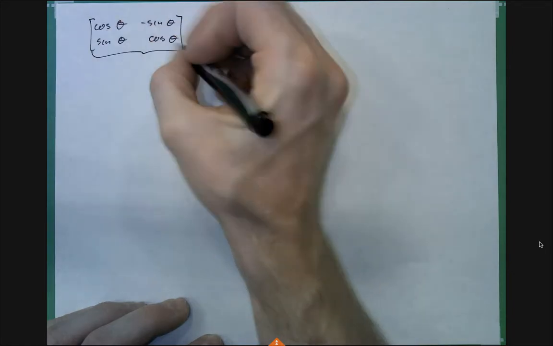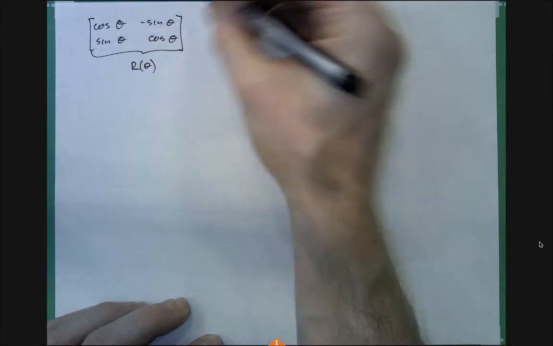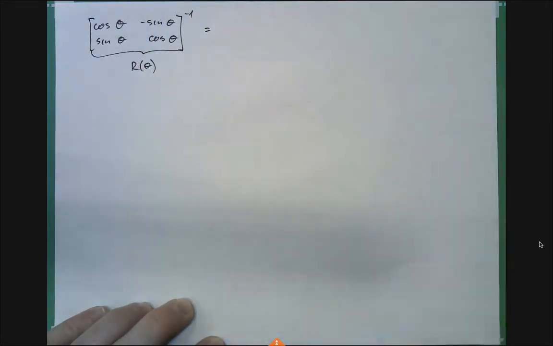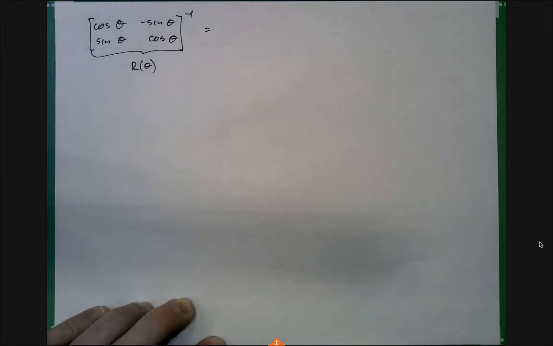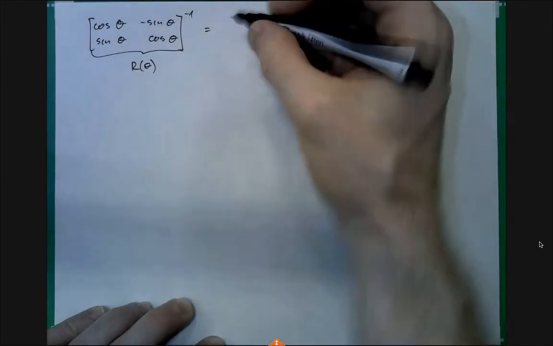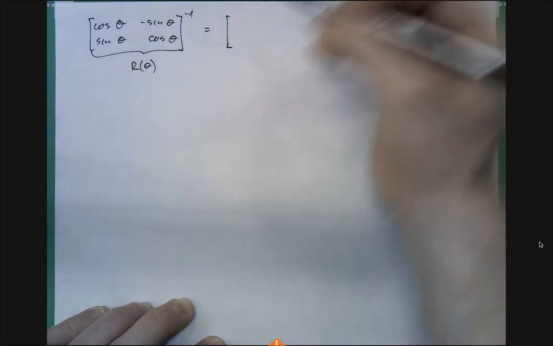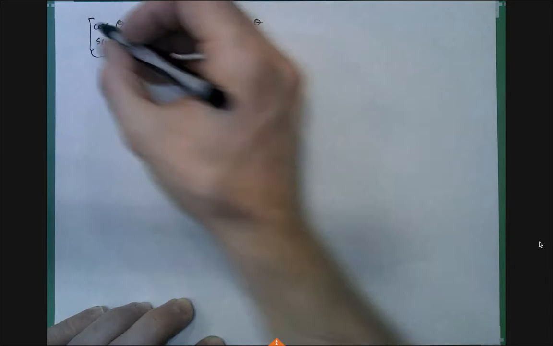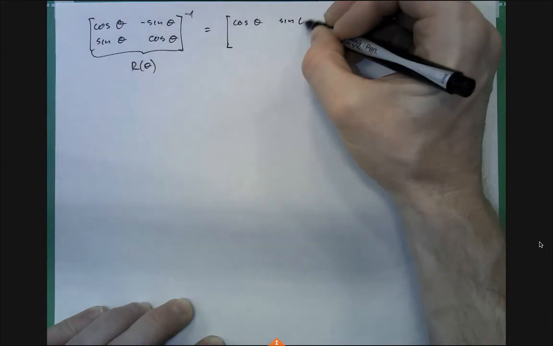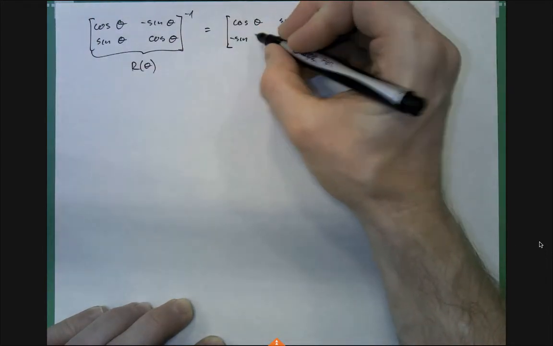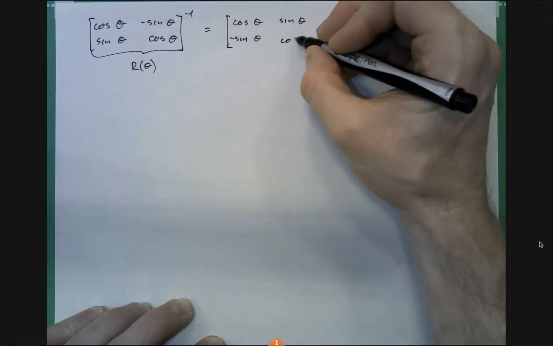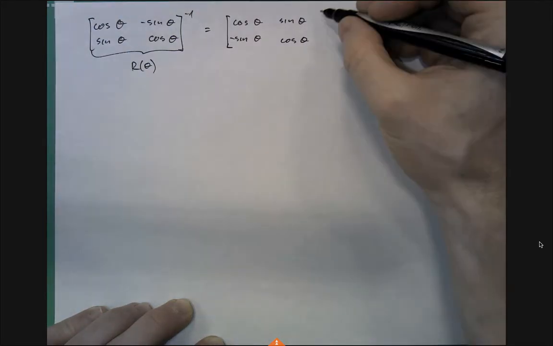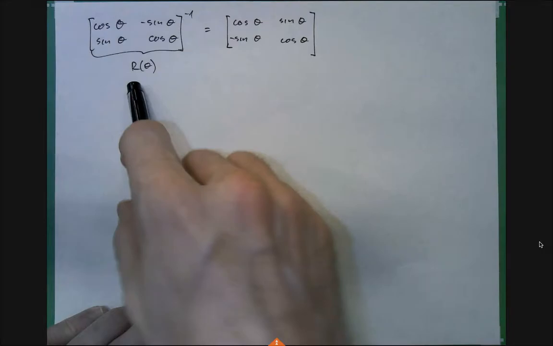This is a rotation by angle theta. If I invert it, you probably knew the answer anyway, but here you can just blindly transpose it, or reflect this matrix about its main diagonal. So I'll put sine here, minus sine here, and the cosine stays. So I just transposed it.